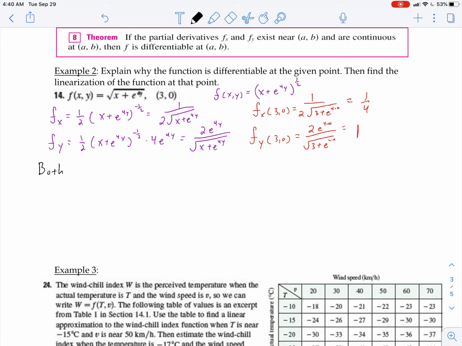So I'm going to go ahead and write that for you. This is how you would write it: both partial derivatives are continuous functions near our point (3, 0).